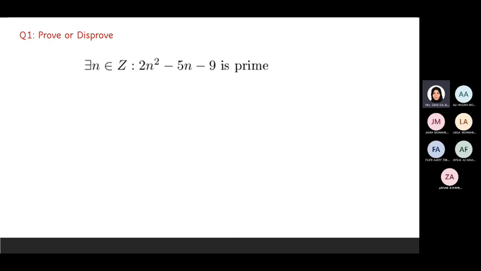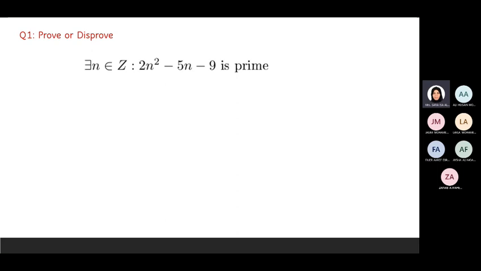But you should know some facts about the prime numbers. All of them are odd, except number 2. 2 is the smallest prime number, and 2 is the only even prime number you have.